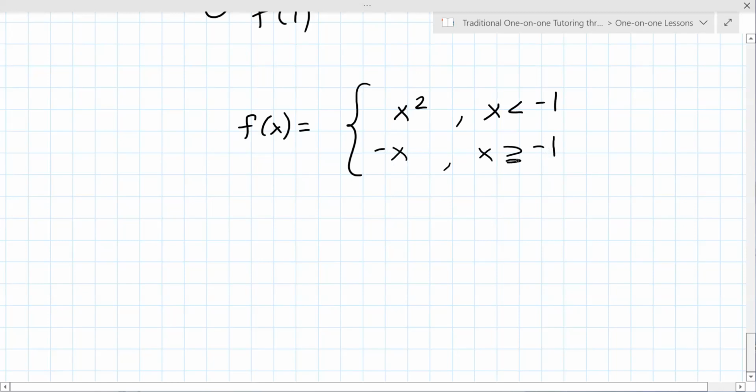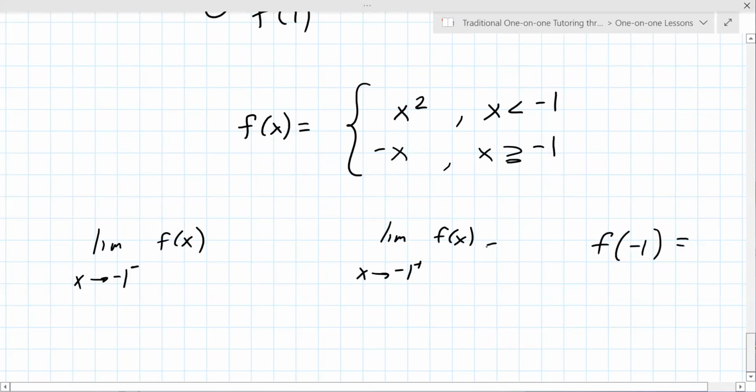Okay, let's do that. So you have to find the limit as x approaches -1 from the left of f of x, the limit as x approaches -1 from the right of f of x, and then f of -1.